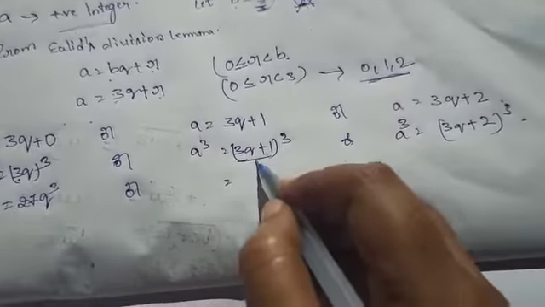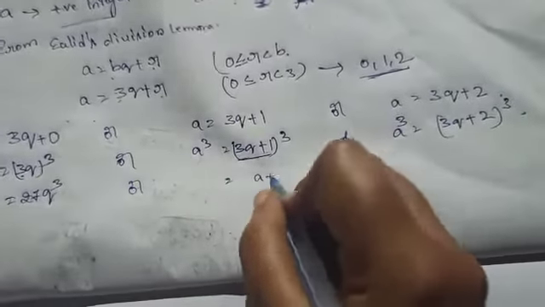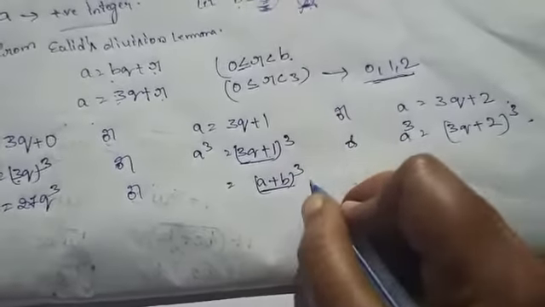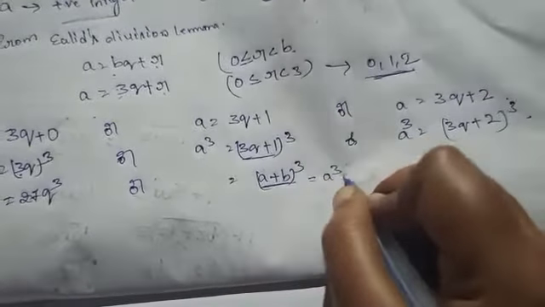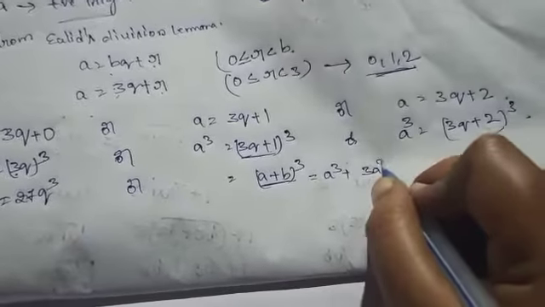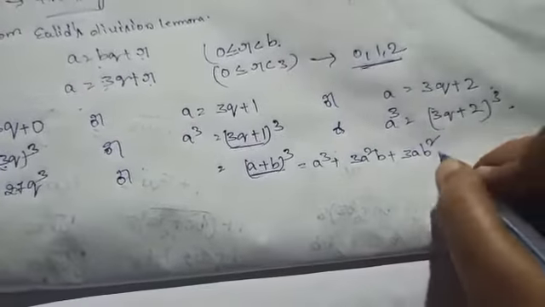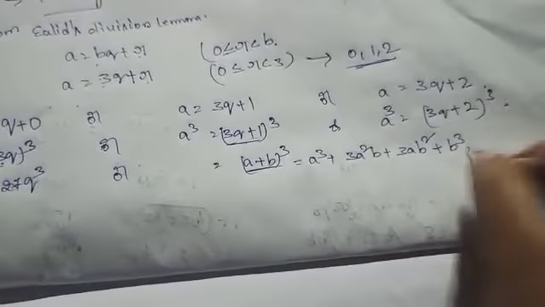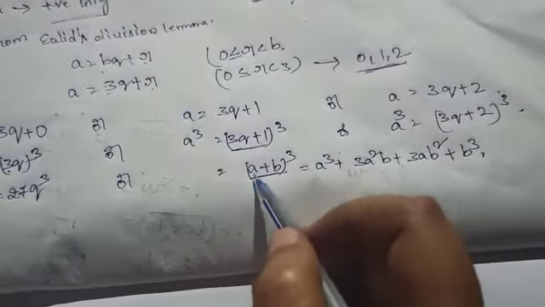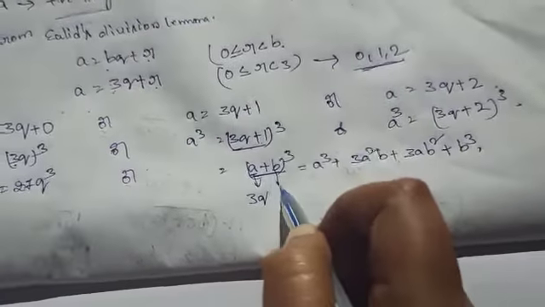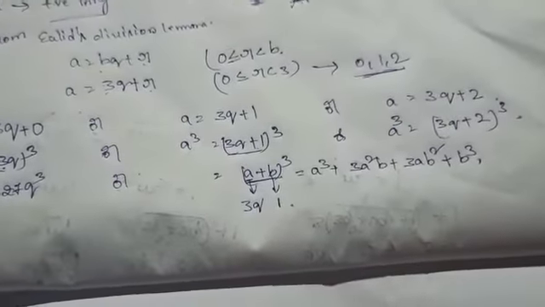This is in the form of a plus b whole cube. We know the formula: a plus b whole cube equals a cube plus 3a square b plus 3a b square plus b cube. So here a equals 3q and b equals 1.